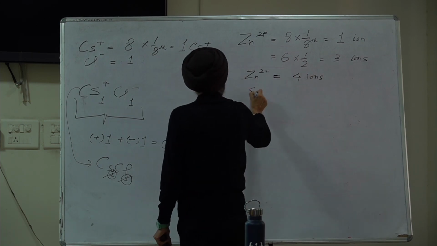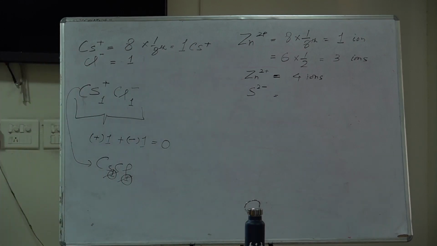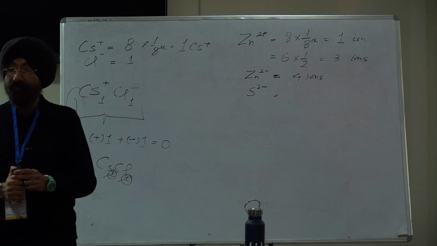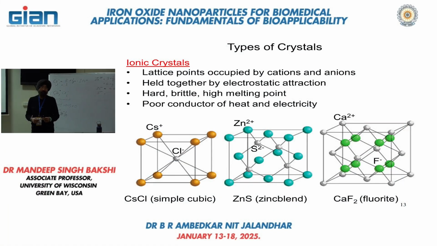Now we come to the sulfide ions. How many are there? All the gray balls. Gray balls 1, 2, 3, 4. Inside, on the face, or outside?